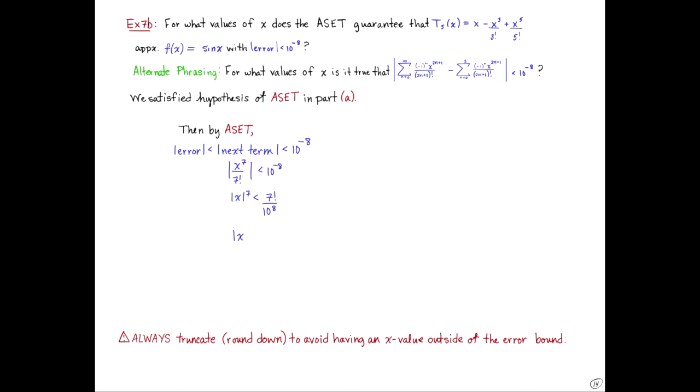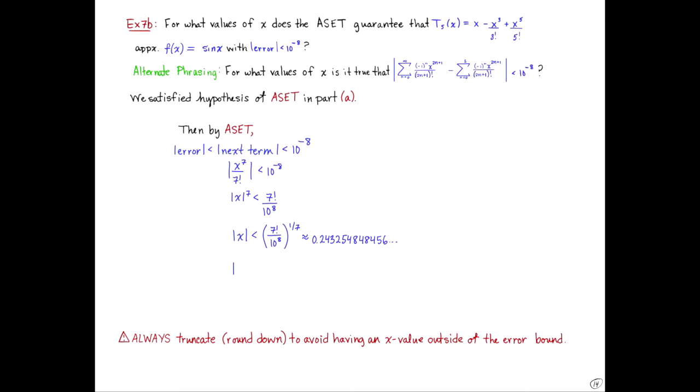Solving for x, we can take the 7th root of both sides, giving us the absolute value of x is less than the quantity 7 factorial over 10 to the 8th raised to the 1/7. Subbing that into our calculator, we have that this is approximately 0.24324848456.